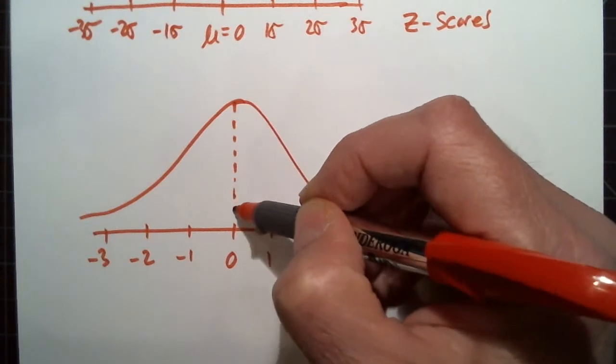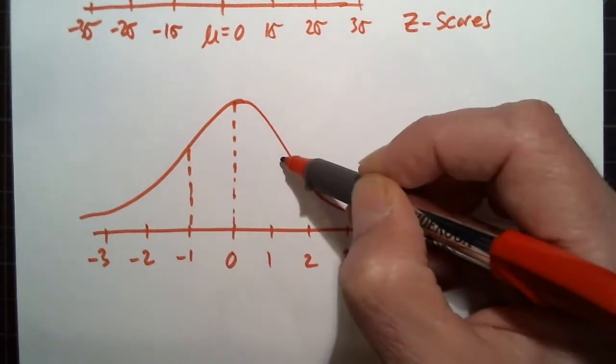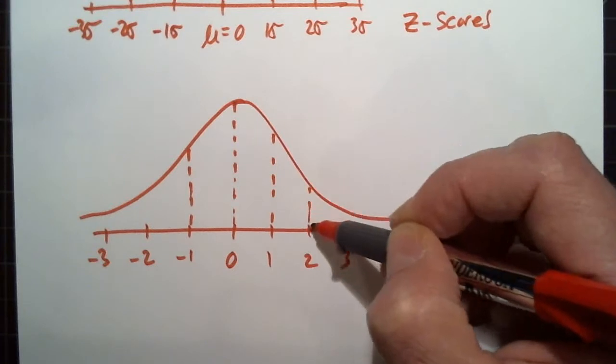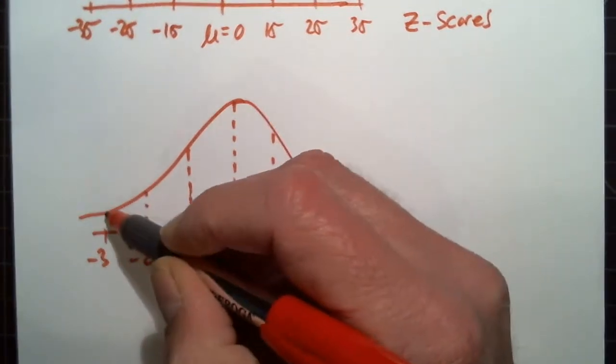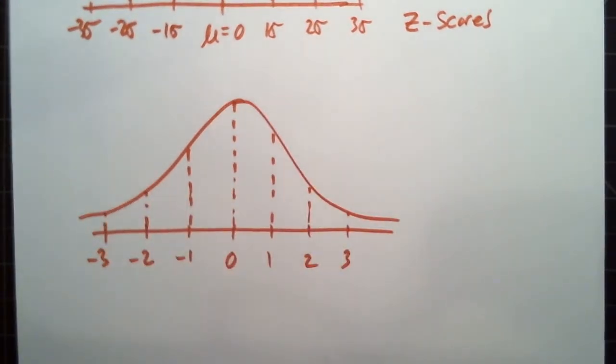And now let's look at all of the regions in here. That'll help us answer some questions with the empirical rule.